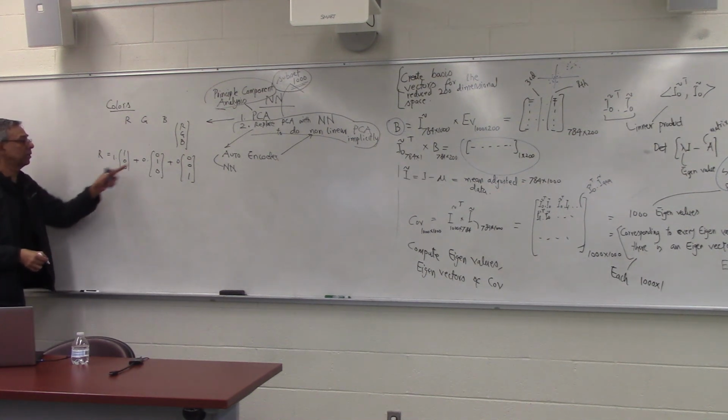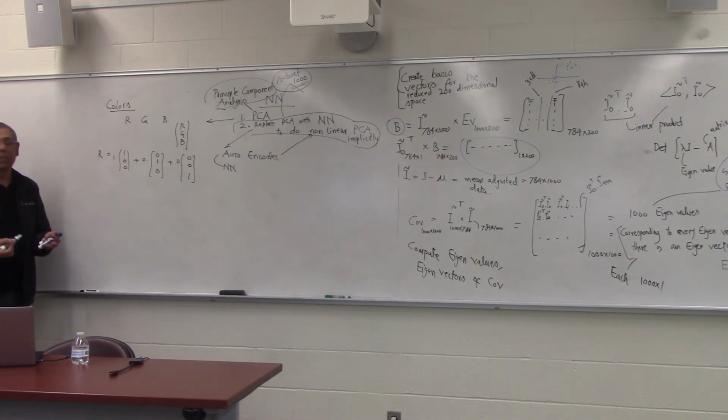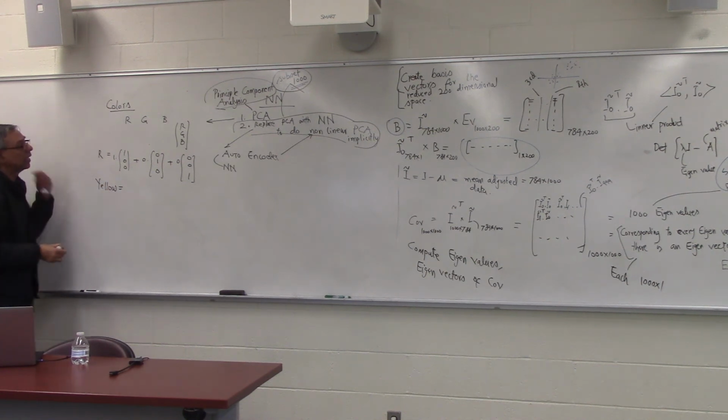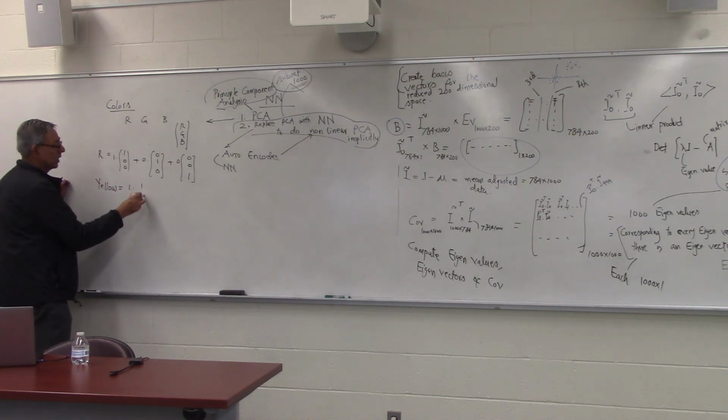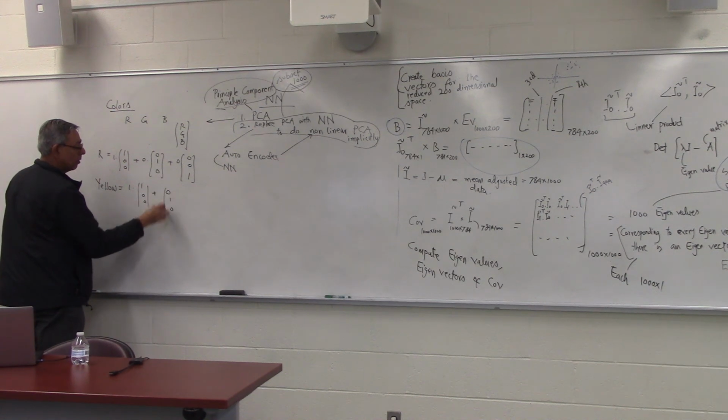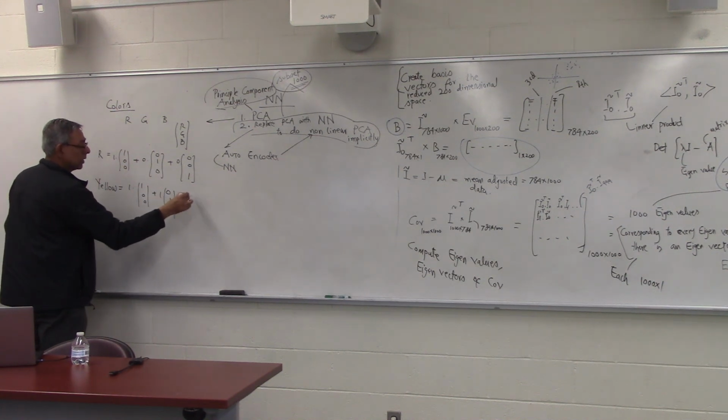So 1, 0, 0 will give me the red color. Very similarly, can you tell me how I will create a yellow color? 1, 1, 0. Yellow, if you recall, is red plus green. So it will be 1 times 1, 0, 0 plus 1 times 0, 1, 0, plus 0 times 0, 0, 1.